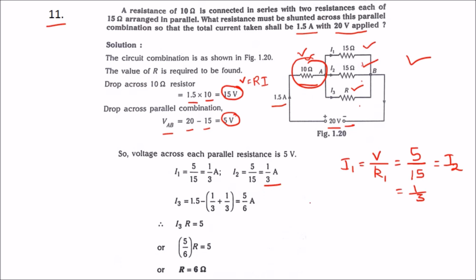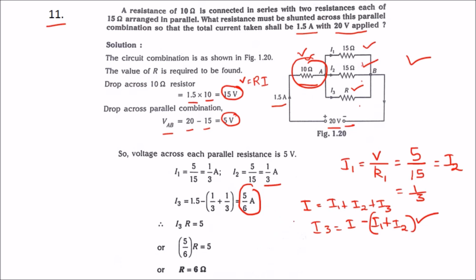Now let us find I3. We know that I is equal to I1 plus I2 plus I3. Therefore, I3 is equal to I minus (I1 plus I2). By simplifying this, we will get I3 as 5 by 6 amps.